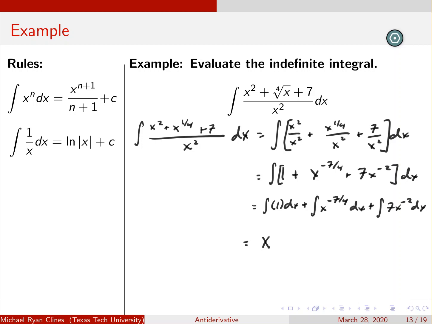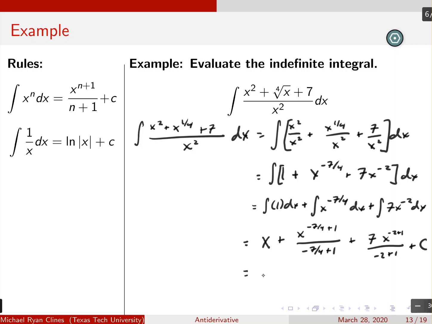Now, for each one of these, we're going to have some integrating constant. I'm just going to combine them all at the very end with one big plus c at the end. So don't even worry about that right now. That's equal to x plus, well, we get x to the negative 7/4 plus 1 over negative 7/4 plus 1 plus 7 times x to the negative 2 plus 1 over negative 2 plus 1 plus our integrating constant.